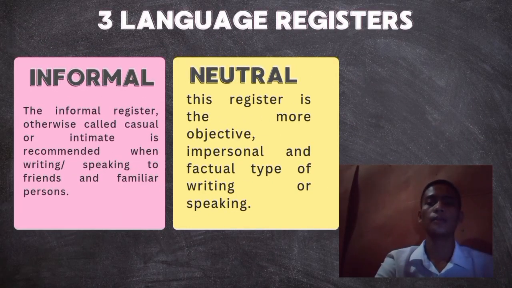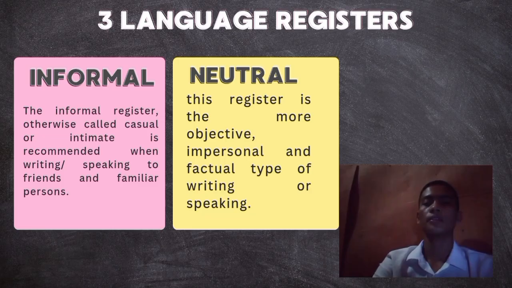So next is informal, otherwise called casual or intimate. It is recommended when writing or speaking to a friend and familiar persons. If your audience are your friends and familiar persons, you'll use informal register. So know your audience and the message, whether it's spoken or written.